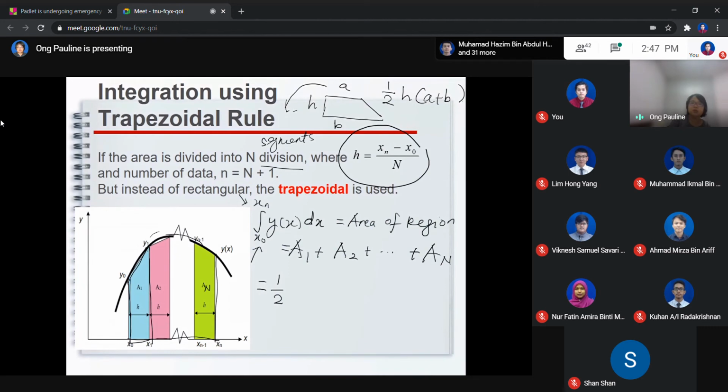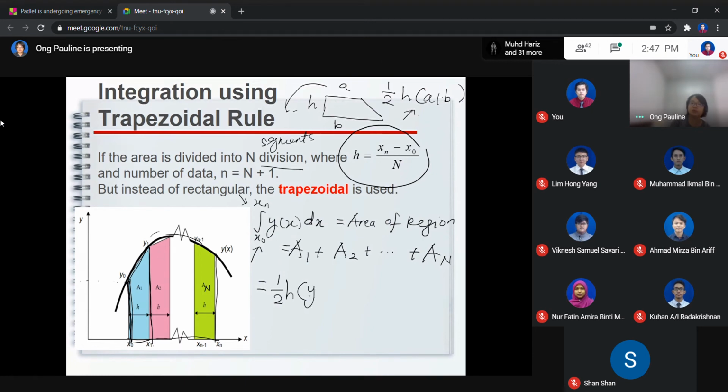For the area of the trapeziums here, referring to the equation, the area of the first trapezium can be obtained by 1 over 2, the height, which is the fixed width h, multiplied by the summation of A and B. The value at this point is y0, and at this point is y1.